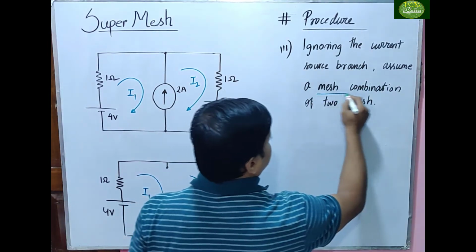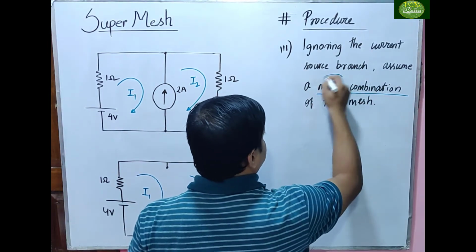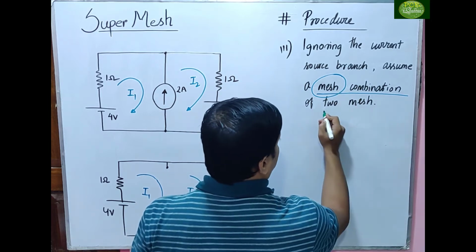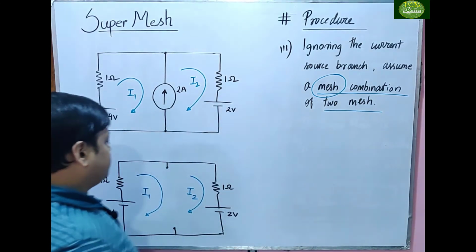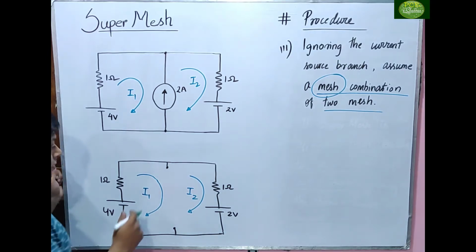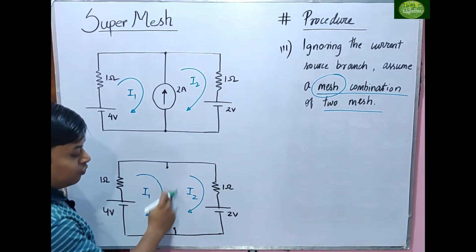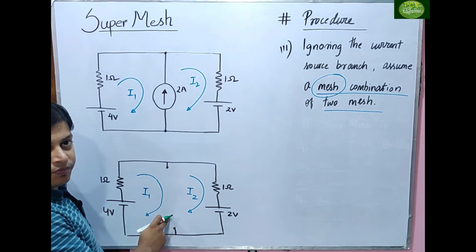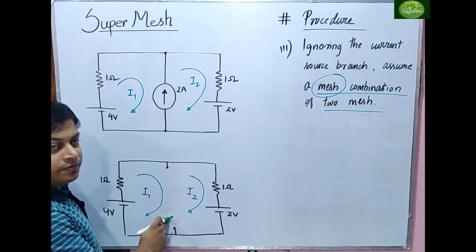Assume a mesh, a combination of 2 meshes. These are the 2 meshes. Which mesh will I cover? Can I form any loop here? No. I cannot form any loop here.